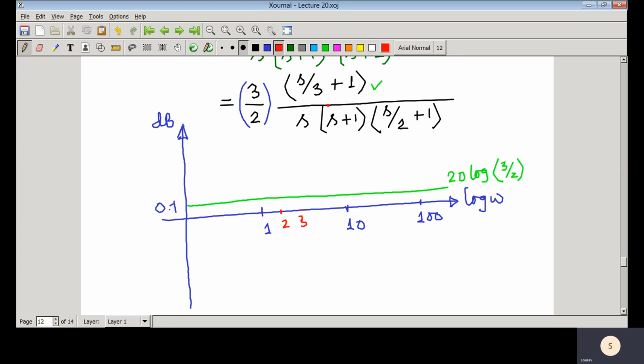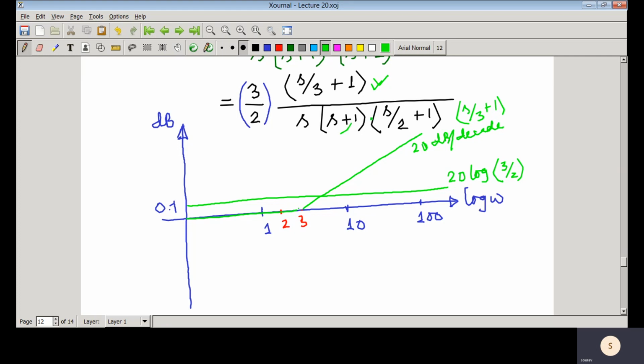Now the corner frequency is 3 and it is in the numerator, so the asymptote for this particular term comes like this, and from here we have 20 dB per decade, and this is the factor s by 3 plus 1.